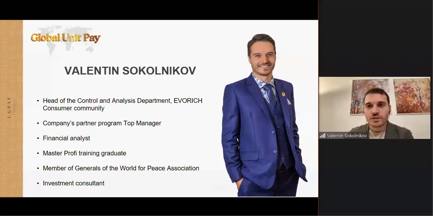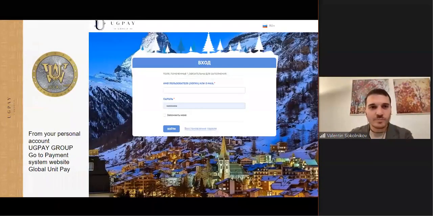If you want to get to the payment system, you can use two different ways. You can do it through our back office UGPay group, which you can reach at office.ugpay group. You enter your login and password, and there will be a window that allows you to top up your wallet, and a link to the Global Unit Pay.